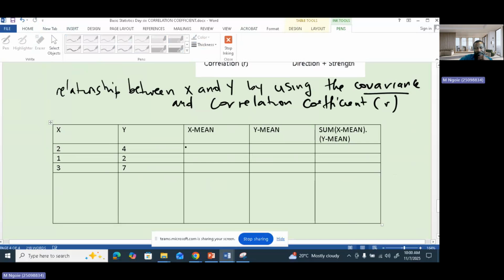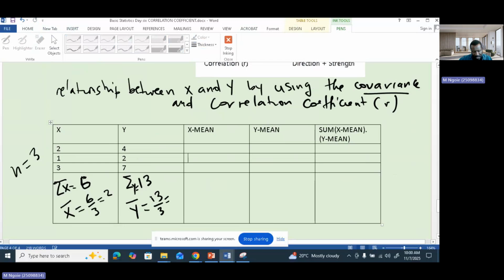So we need the sums here. The sum of x is 6, and the sum of y is 13. The mean of x is 6 divided by 3, which is 2, because your n here is 3, and your y mean is 13 divided by 3.